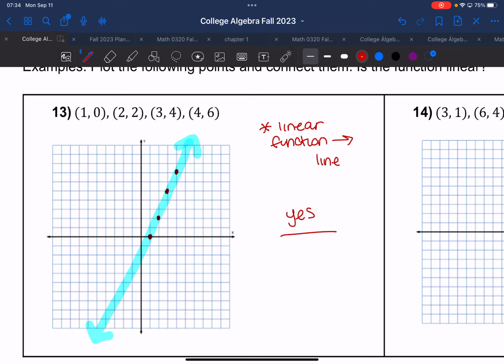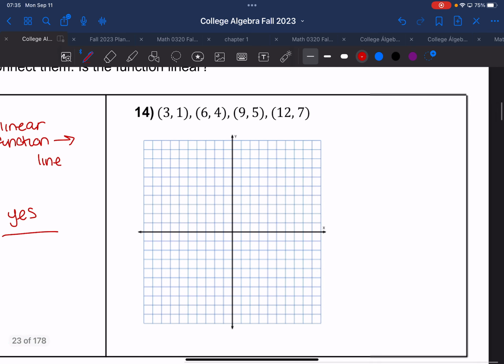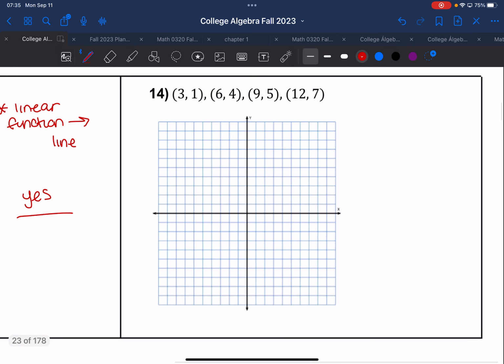Remember, when plotting these points, we are looking at x's, then y's. Okay. So again, I'm going to start plotting the points on 14. So I have 3, 1. 6, 4. 9, 5. And 12, 7.